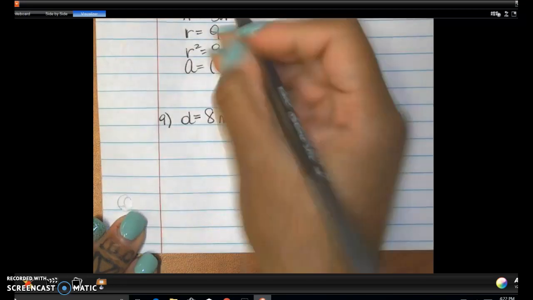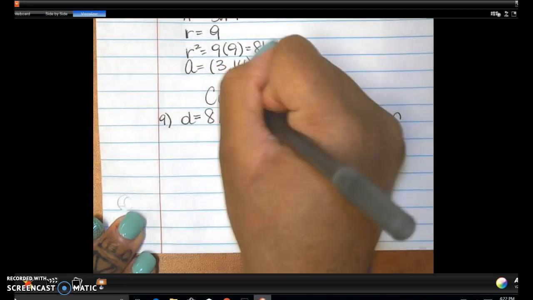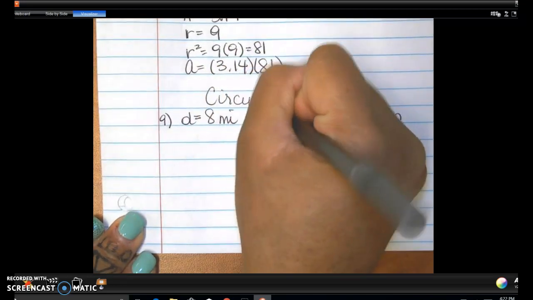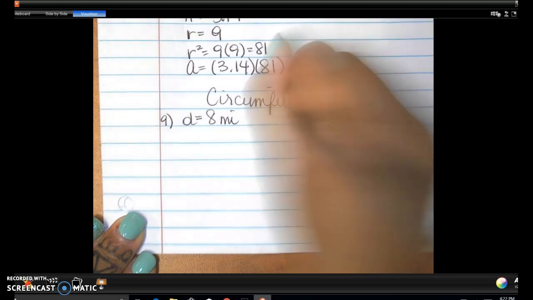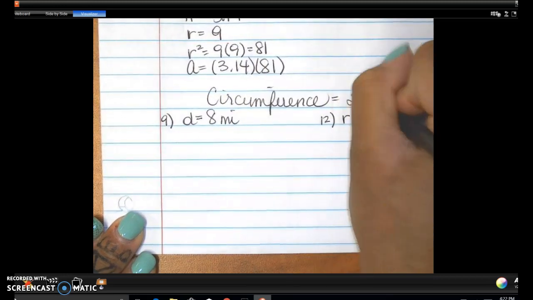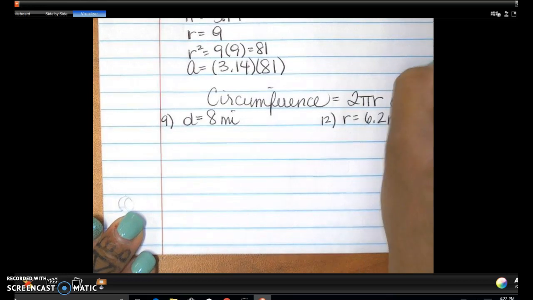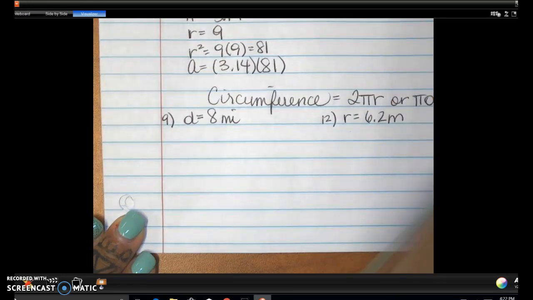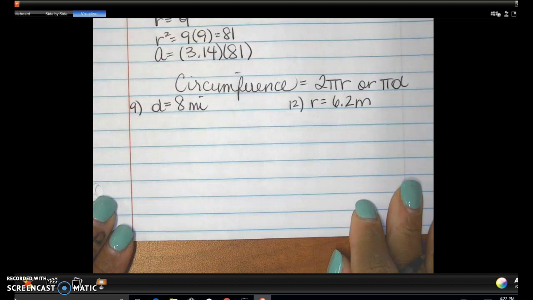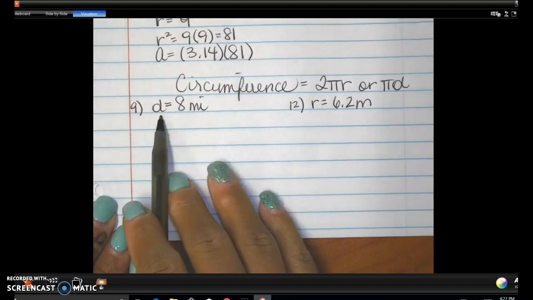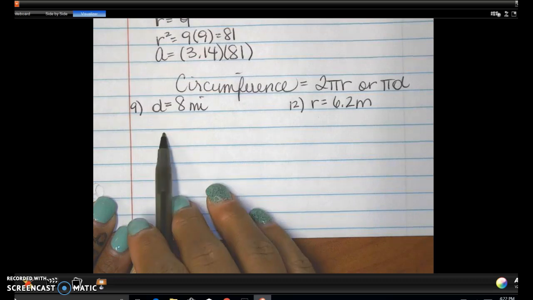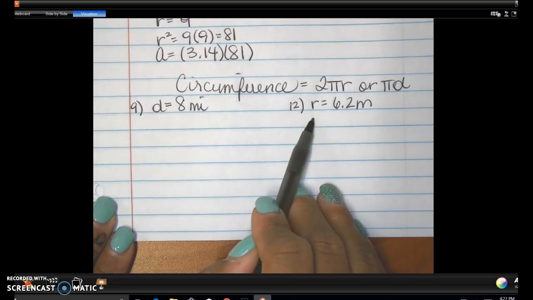All right, so for circumference, I have 2 formulas. It's 2 times pi times r, or pi times diameter. So if I have diameter here, I want you to define diameter and radius.